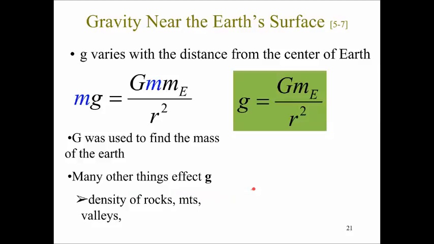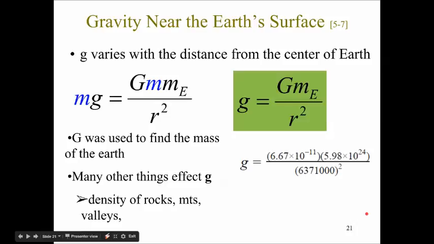So let's for a second go ahead and take this formula and put in the values for Earth. So we have 6.67 times 10 to the negative 11. That's the universal gravitation constant. We have the mass of the Earth, which we looked at earlier, 5.98 times 10 to the 24th, and then divide that by the radius of the Earth, which is about 6,371,000 meters, and then we square that and magic happens and it comes out to about 9.8 meters per second squared.